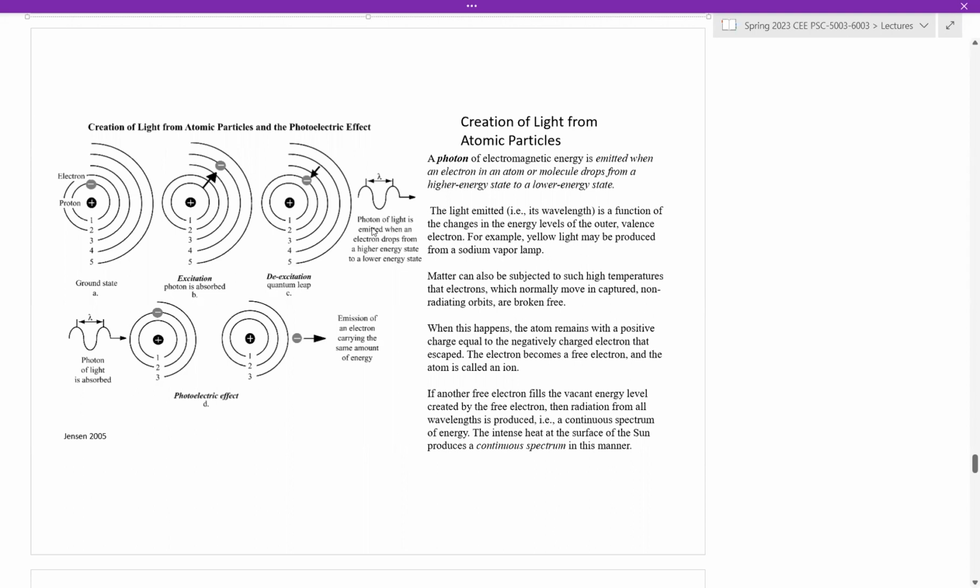The opposite happens when the electron is at a lower state and is excited. The light can be absorbed by that atom.